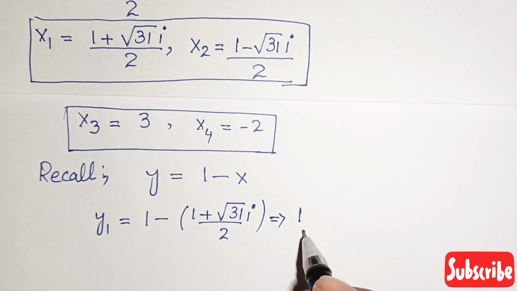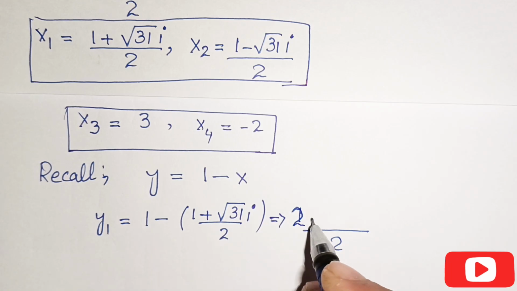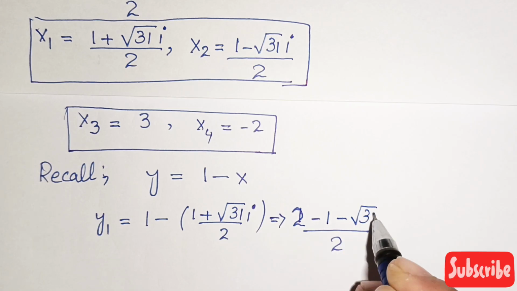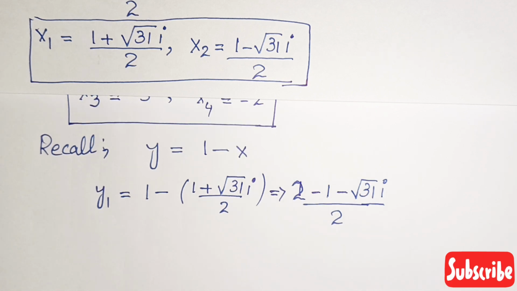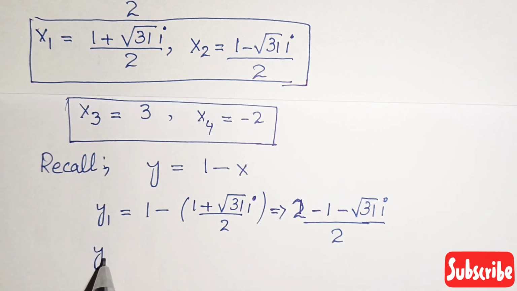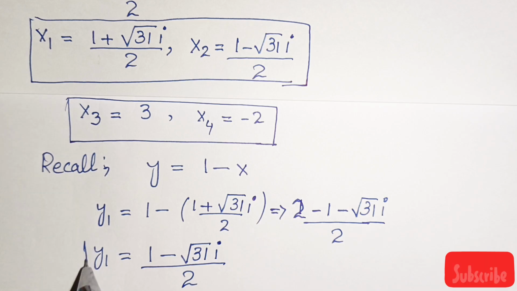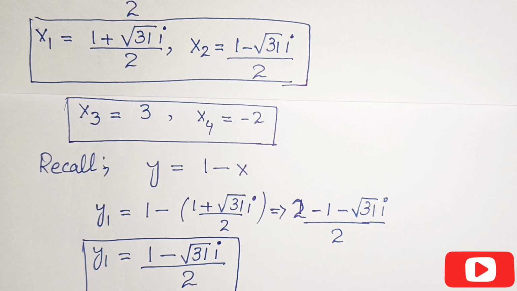If we take 2 as the least common multiple, 2 times 1 is 2, it will be 2 minus 1, and it is minus square root of 31i. So here we get the value of y1, which is 2 minus 1 is 1, minus square root of 31i over 2. So it is the value of y1 when x1 is equal to this one.